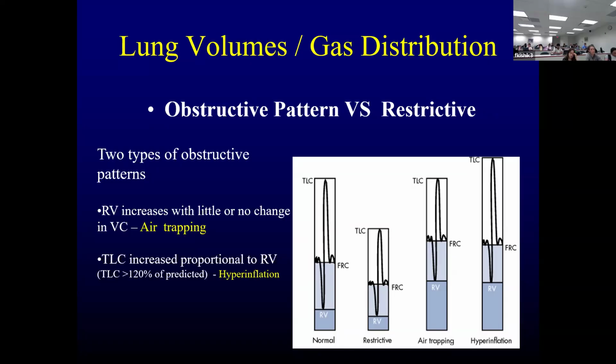So in restrictive lung disorders, RV is decreased, TLC is decreased. In restrictive lung disorders, residual volumes decrease and total capacity is decreased. You see the difference between the two? Easy? Yes. We use this technique to distinguish obstructive and restrictive lung disorders.